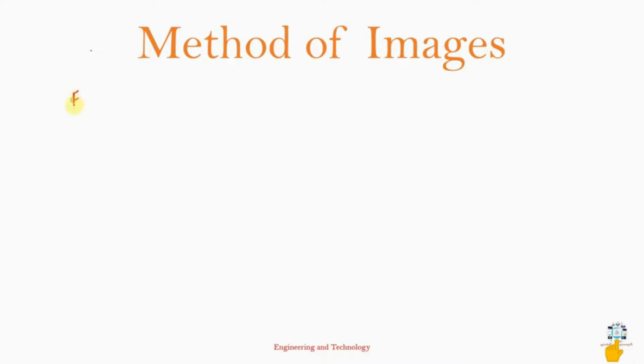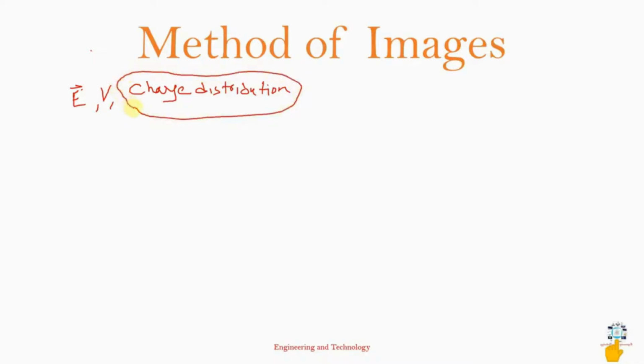So if we have the electric field intensity E, electric potential V, and a surface charge distribution, and if this surface charge distribution is unknown, then it is very difficult to find out the electric field intensity and electric potential.